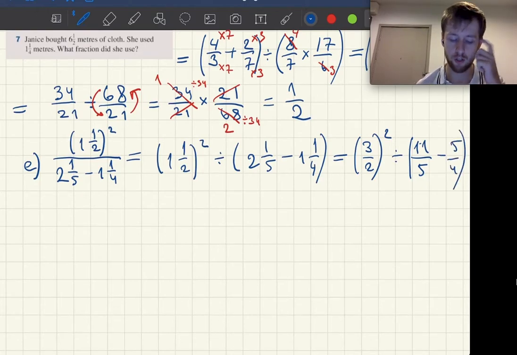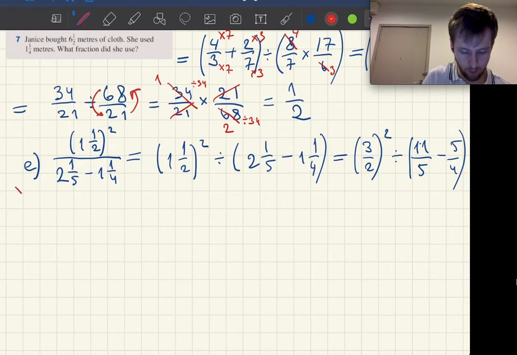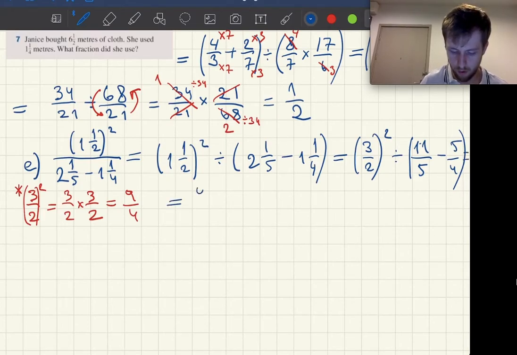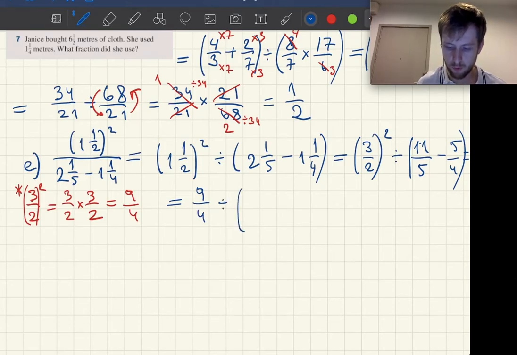Okay, so we can do 3 over 2 to the power of 2. I think I'm gonna write it somewhere here. 3 over 2 to the power of 2 is the same as 3 over 2 times itself, like this. This is what power means, right? So it's going to be equal to 9 over 4. So this is going to be equal to 9 over 4 divided by, and here we have to find the common denominator.